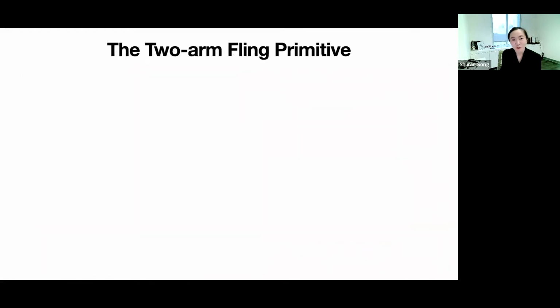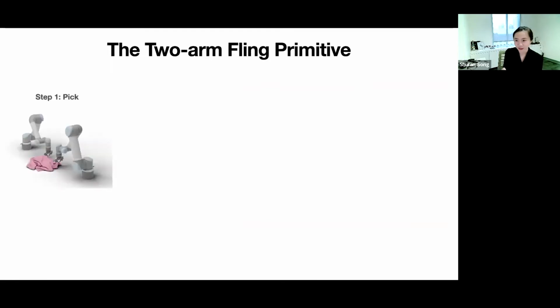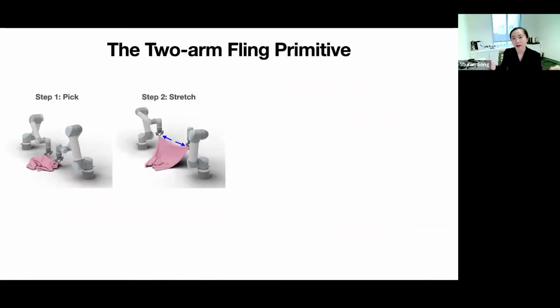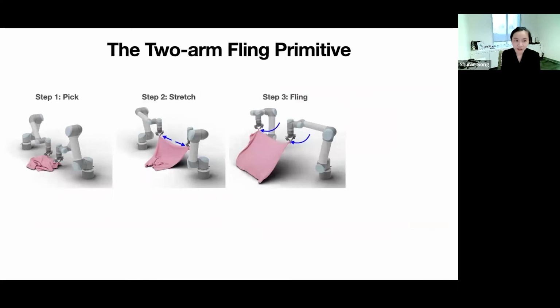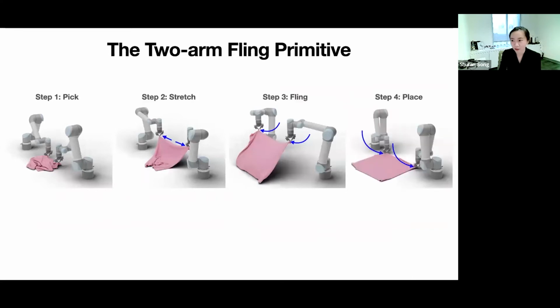In order to perform a Fling action, we designed multi-stage Fling primitives that the robot needs to execute. The robot first needs to find 2 grasp positions on the cloth to pick it up, then stretch the cloth, swing it forward, and then place it back on the workspace.